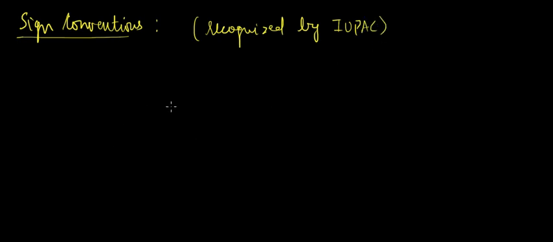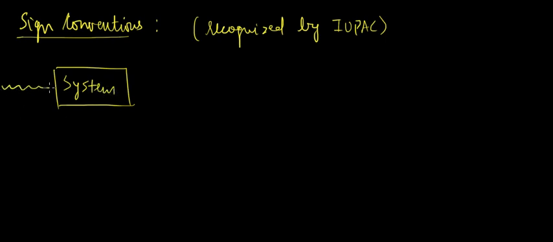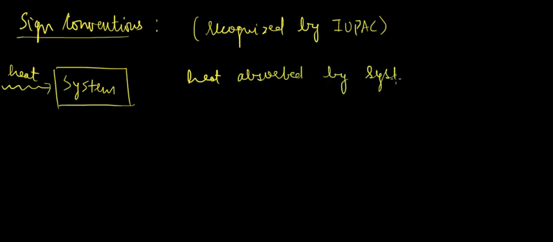Okay. Suppose we have a system and we are providing heat into the system. So we can write that heat absorbed by the system would be positive. Suppose heat absorbed by the system is 20 joule.